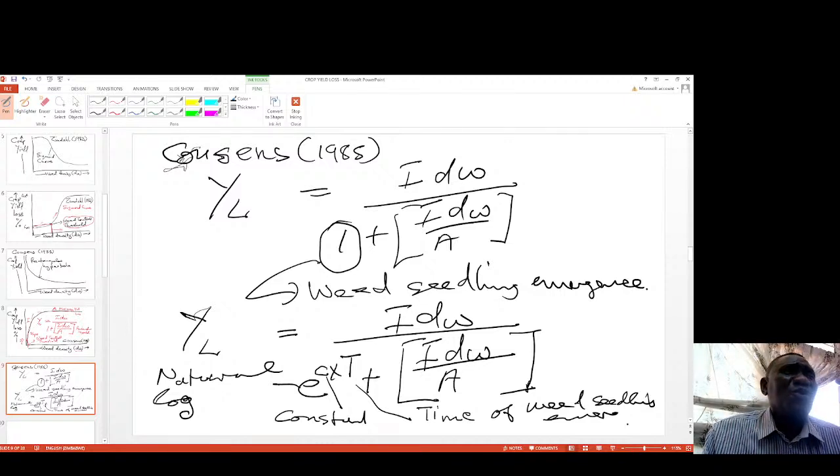And please note, we have got two approaches. The approach by Zimdal actually depends on the number of treatments which you have. If you have got many treatments, probably you end up using the Zimdal model. If there are few treatments, probably you end up using Cousins' model. And please note, we do have software packages.